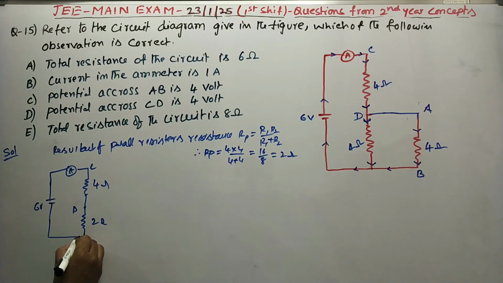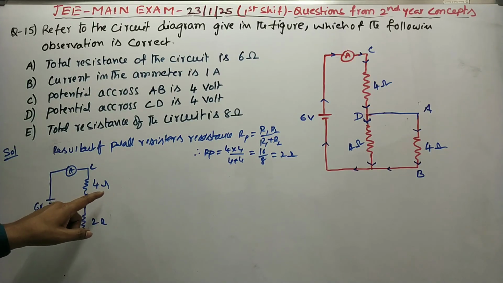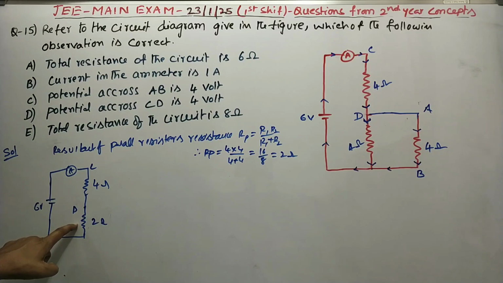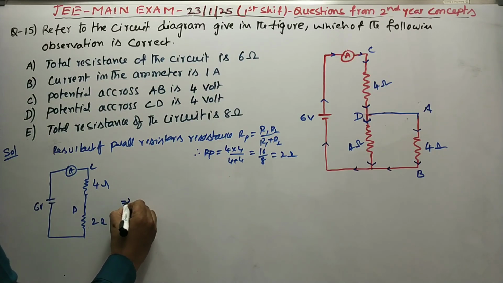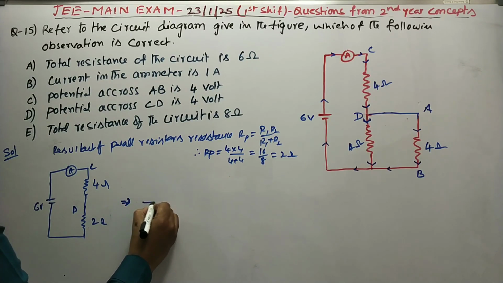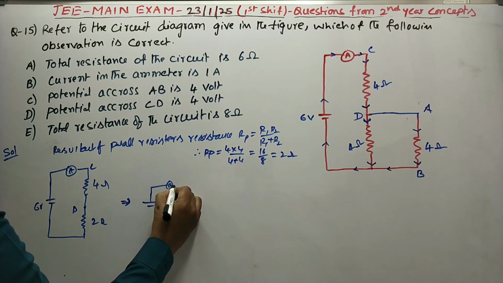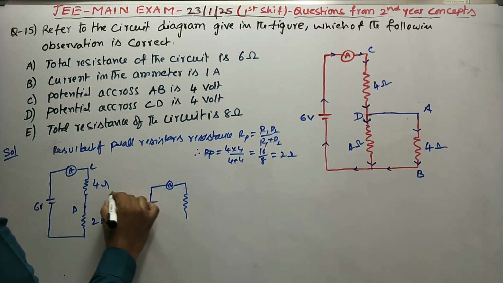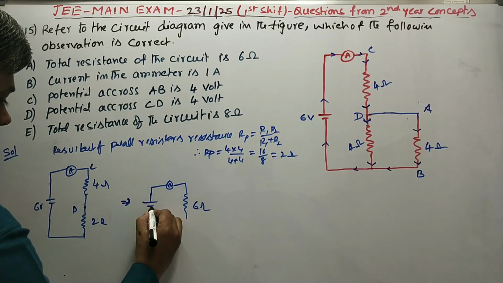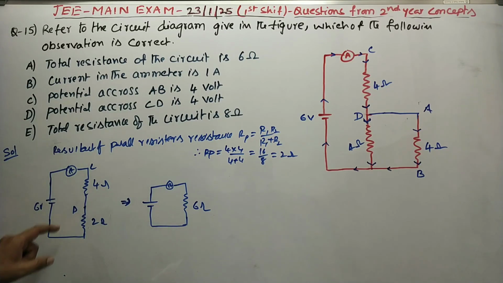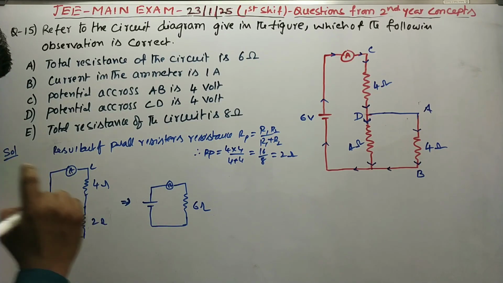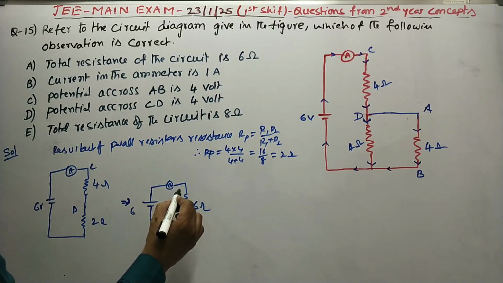Again, this 4 and 2 are in series, so the circuit diagram is drawn like this. This is an ammeter, and this is 4 plus 2, a 6 ohm resistor. In series, the resultant resistance is R1 plus R2. So this is the circuit diagram.